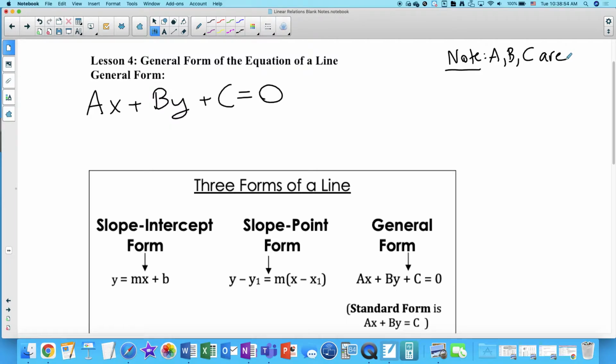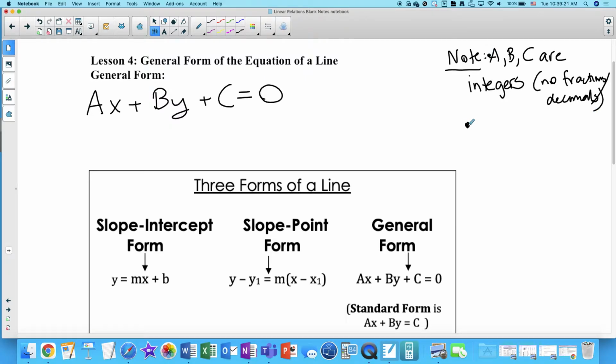So like, for example, if A was 1/4, we would have to do some work to deal with the fact that the coefficient is a fraction, okay? They have to be integers. Okay, no fractions or decimals. Okay, so that's one thing.